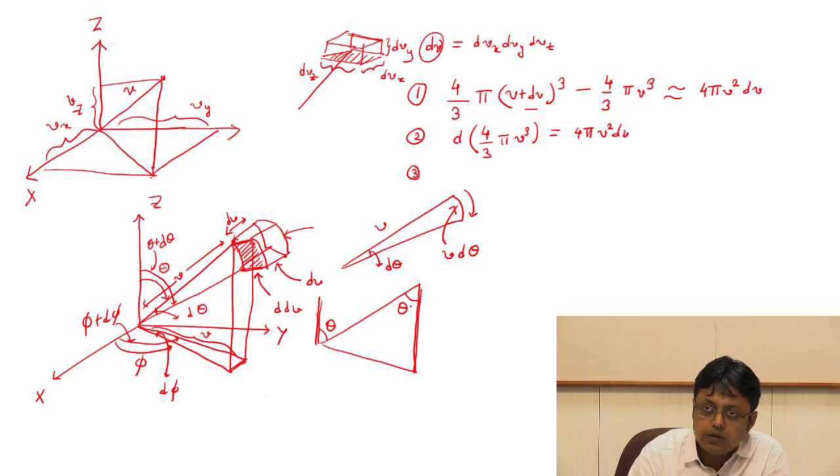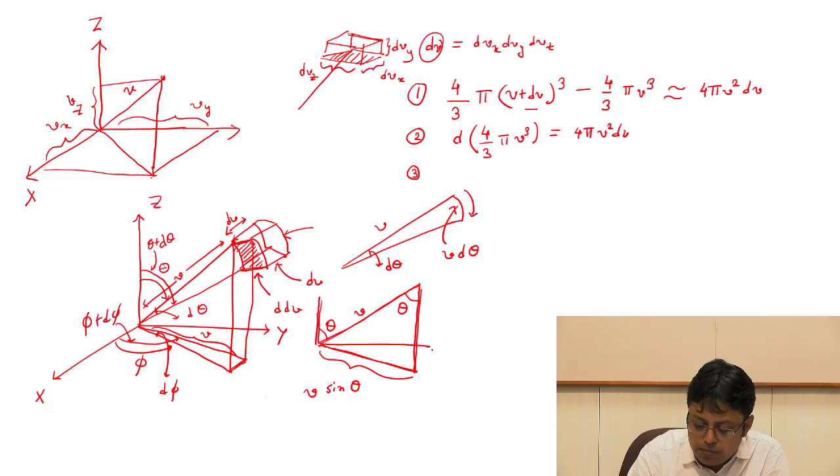If this is theta, this angle also should be theta. I know that this is v, the length of the velocity vector, which is just the speed, the magnitude of the velocity vector. And then if this is theta, this is nothing but v times sine theta.